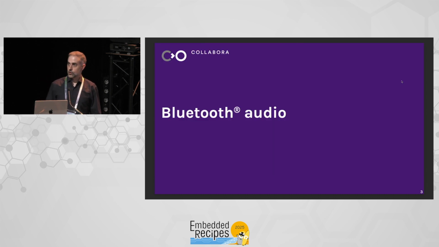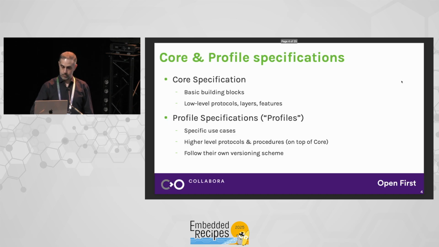Today, I am going to talk to you about Bluetooth audio. Before I begin, I want to explain a little bit about Bluetooth, just as a background, so that you can understand everything else. So Bluetooth is essentially a set of specifications. It consists of two kinds of specifications. There's the core specification, which is the central specification that gets the version number that we typically associate with Bluetooth.